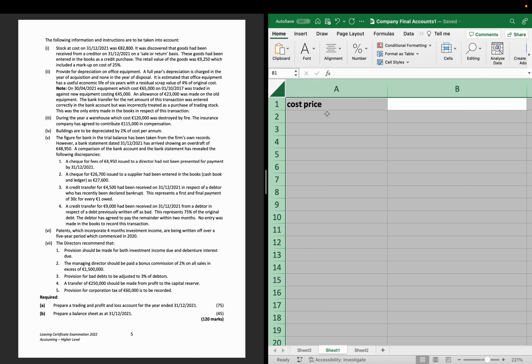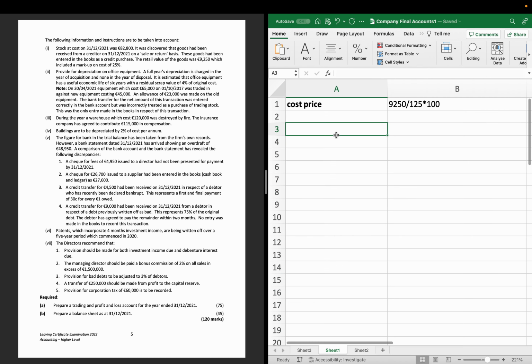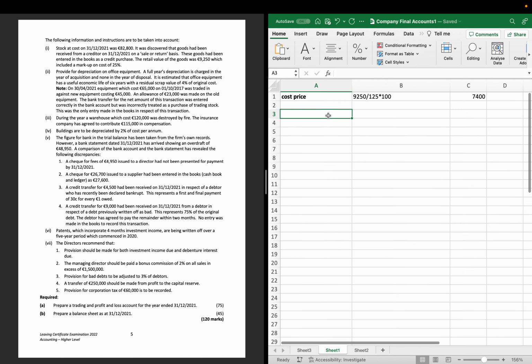So we take that 9250, divide by 125 and multiply by 100. You get a cost price of 7,400. So you bought the stock, which costs you 7,400 to buy, but it's on a sale or return basis, which means you don't actually own it until you sell it.